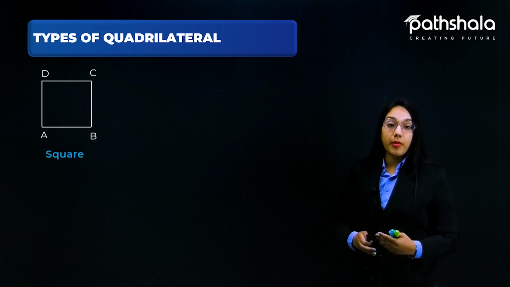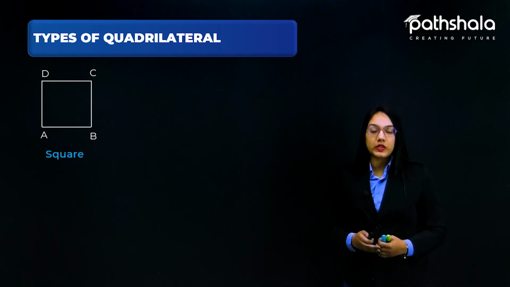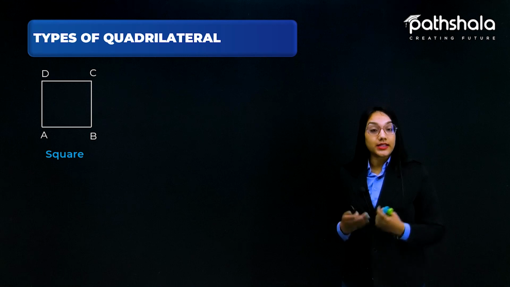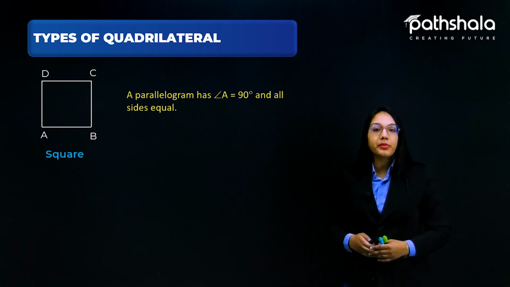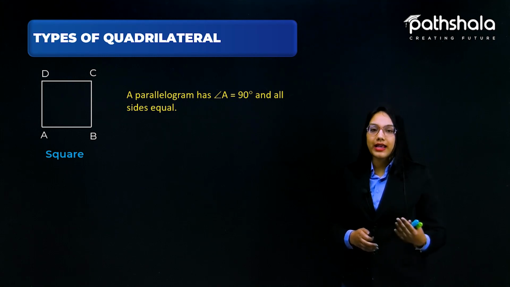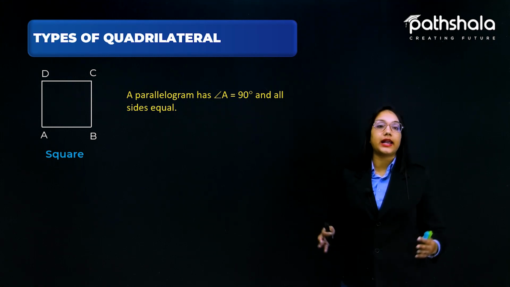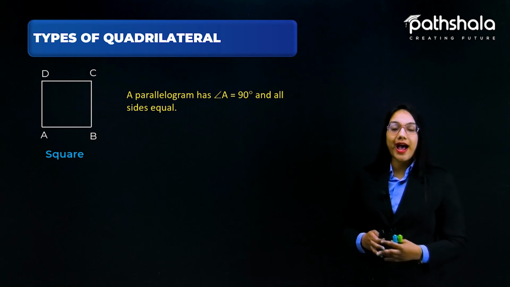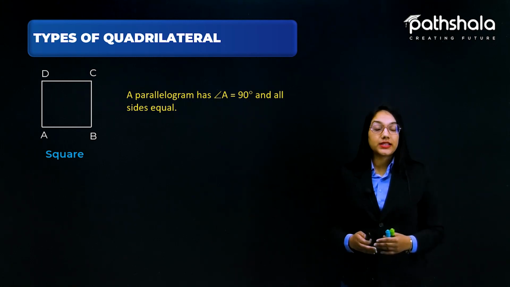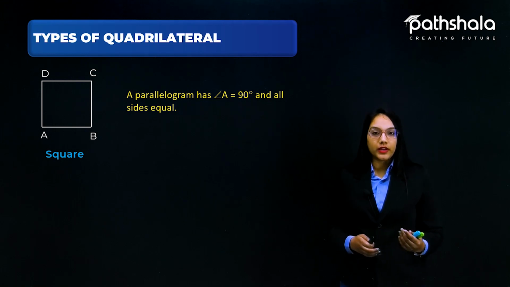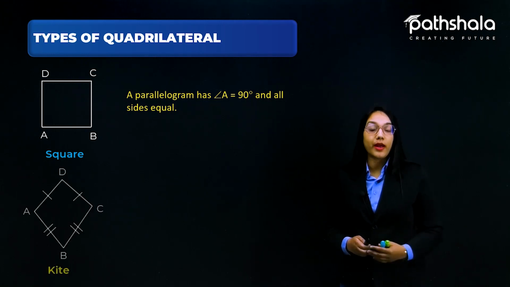Furthermore, the other figure which is obtained is called a square. It is again a type of quadrilateral and we can also call it a parallelogram. So a parallelogram that has angle A as 90 degrees and all the sides equal is called a square. This is another type of quadrilateral and it is also a parallelogram.